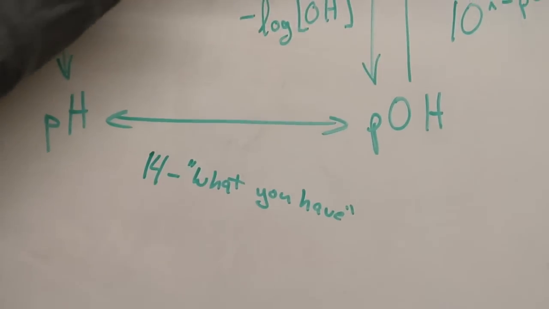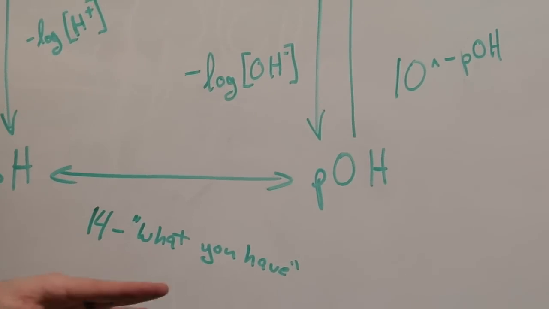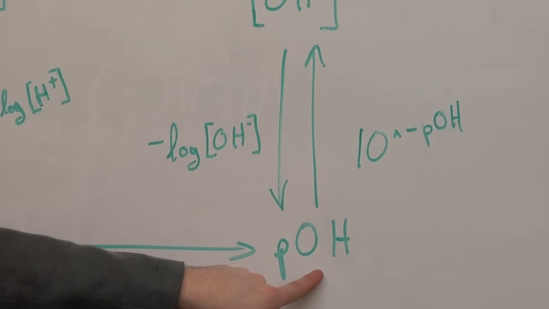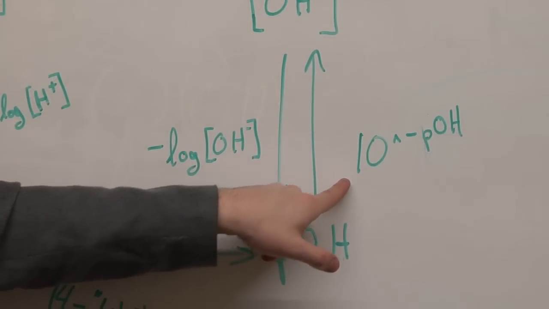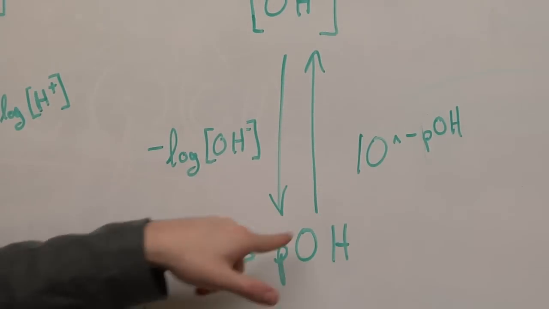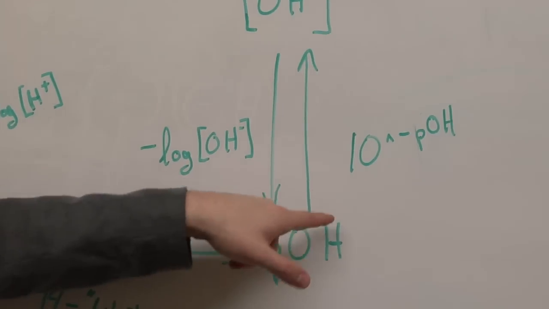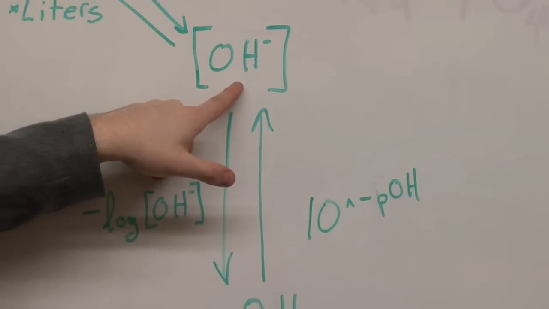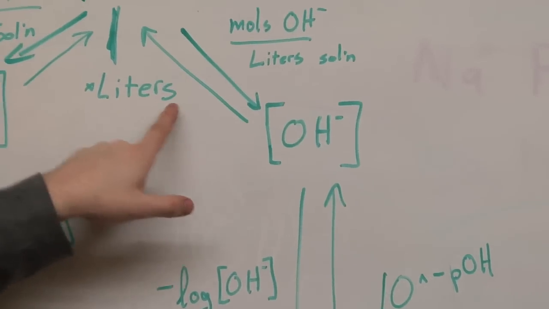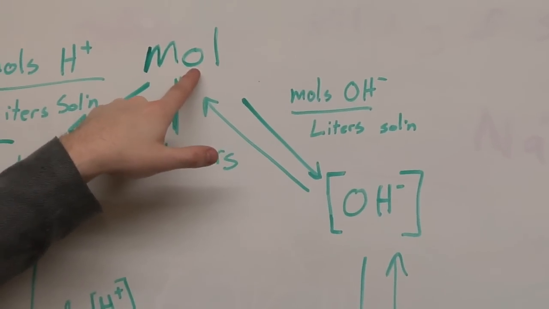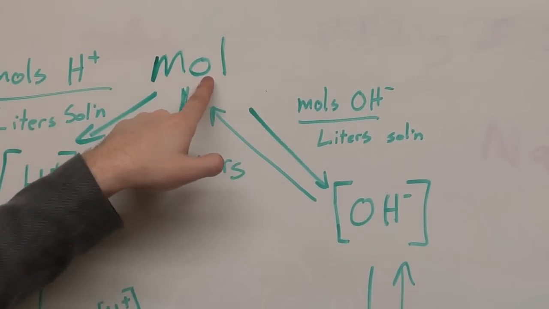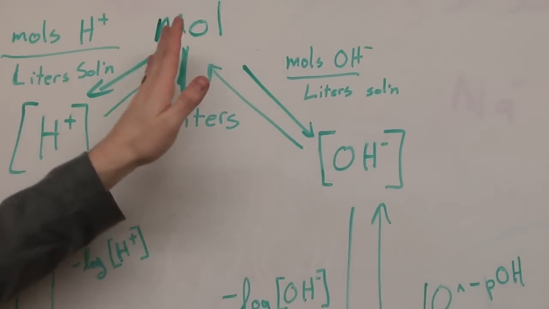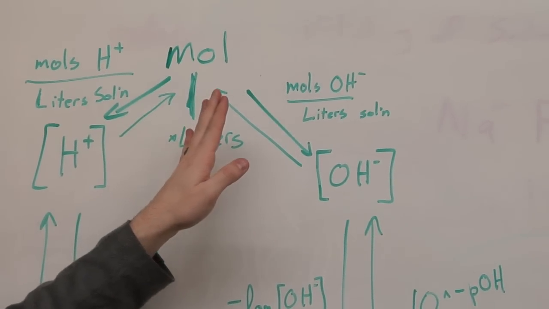And then as you go up the right-hand side, it is exactly the same as the left-hand side. On our way up from pOH, you do 10 to the negative whatever that number was. And that will give you the concentration. From there, you can take the concentration times liters in order to go up toward moles of OH. Now remember, if you're on the right-hand side, then it will always be focusing on hydroxide.